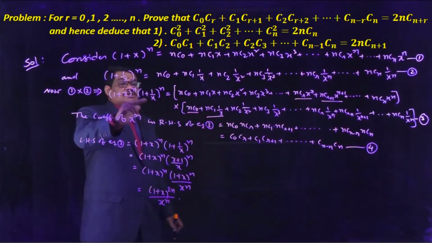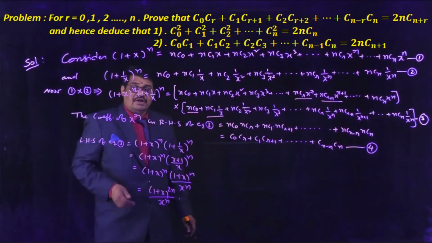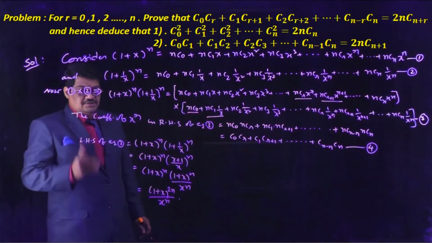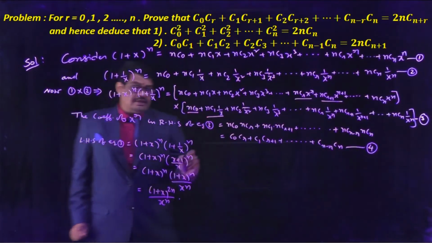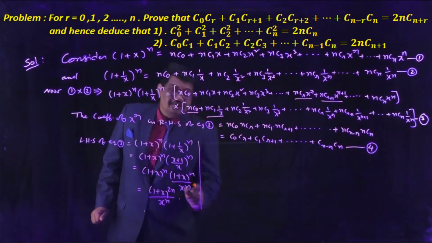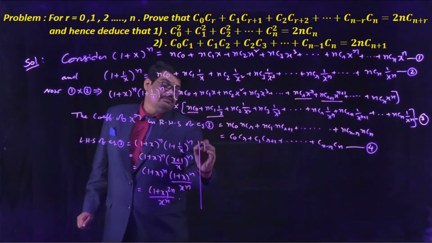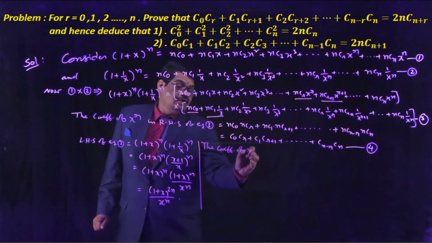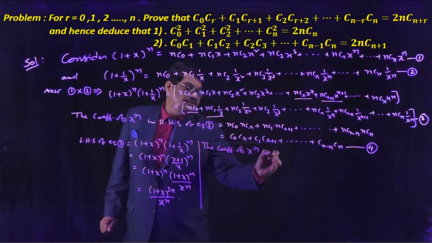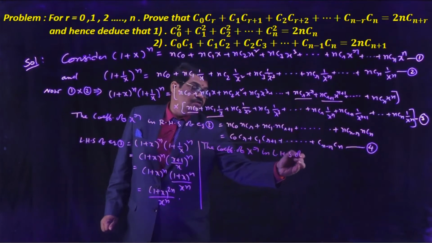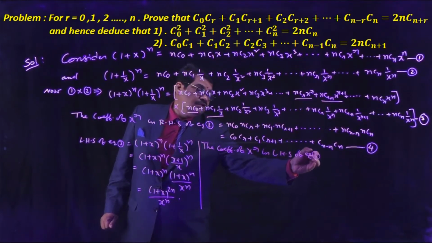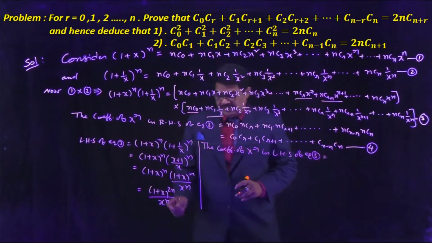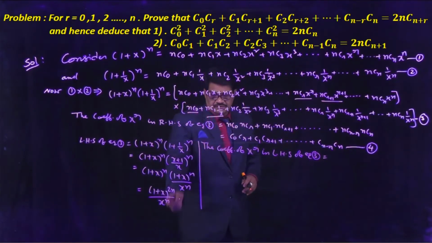So this is the LHS of equation 3. In that we are collecting the coefficient of x to the power of r in the LHS of equation 3. What is the LHS of equation 3?